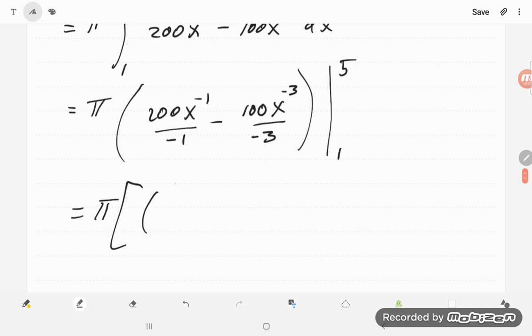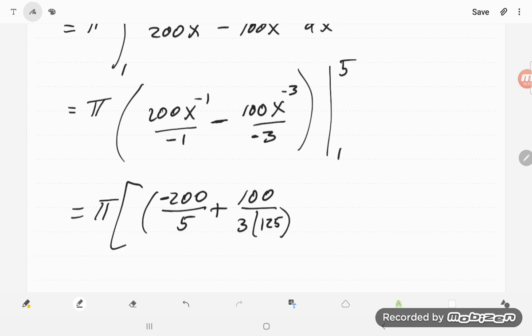Now we start with the 5. We have 200, but that's a negative, so negative 200 over 5. And then now here's a minus and a minus, so now I have a plus 100 over 3 times x to the third, so 5 to the third, that's 125.